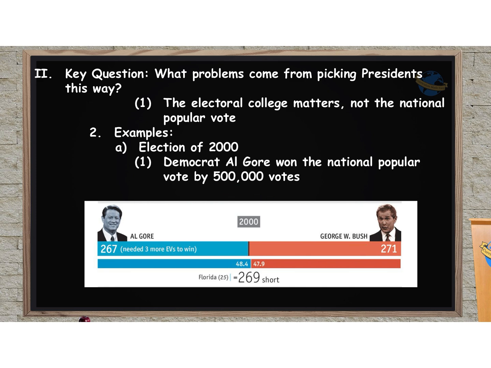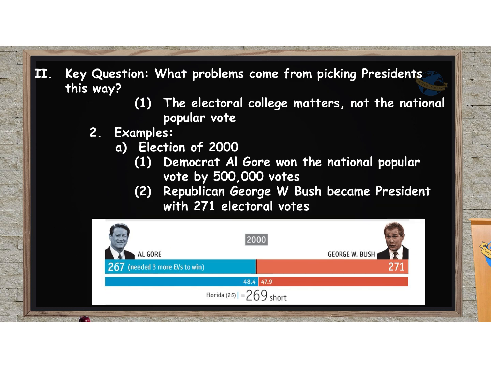But because of the way the Electoral College was set up, George Bush won 271 electoral votes, Al Gore won 267 electoral votes, so George Bush became the president, even though most people across America voted for Al Gore. And that's again because you need 270 electoral votes to become president. The popular vote nationally doesn't matter. The popular vote in each state matters, but across the country, it's just a nice number.